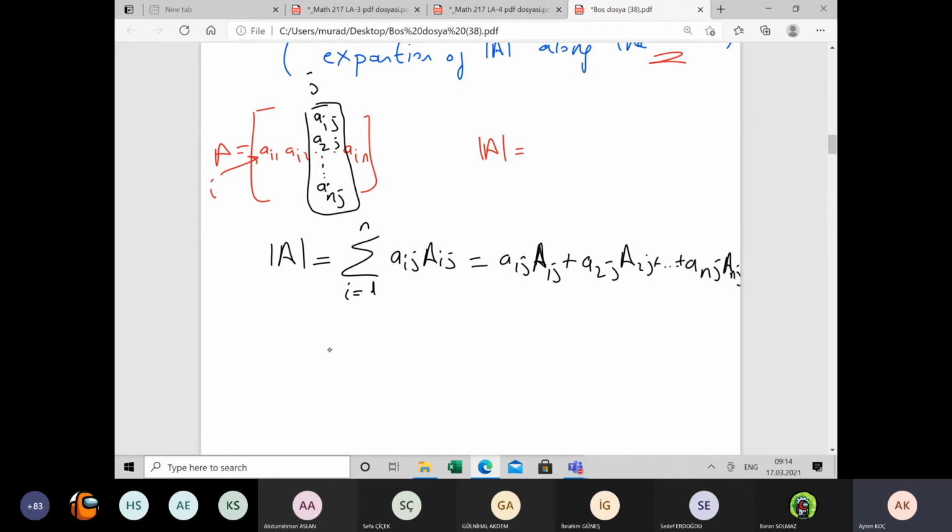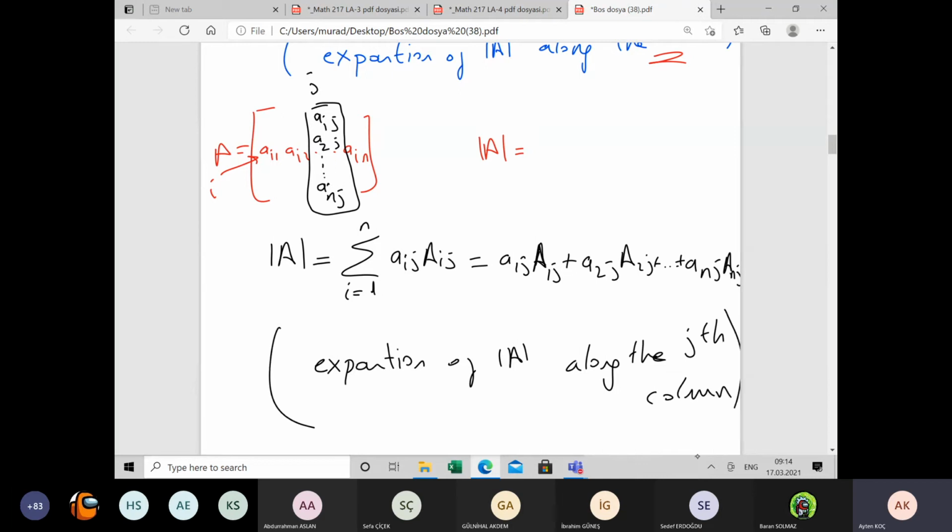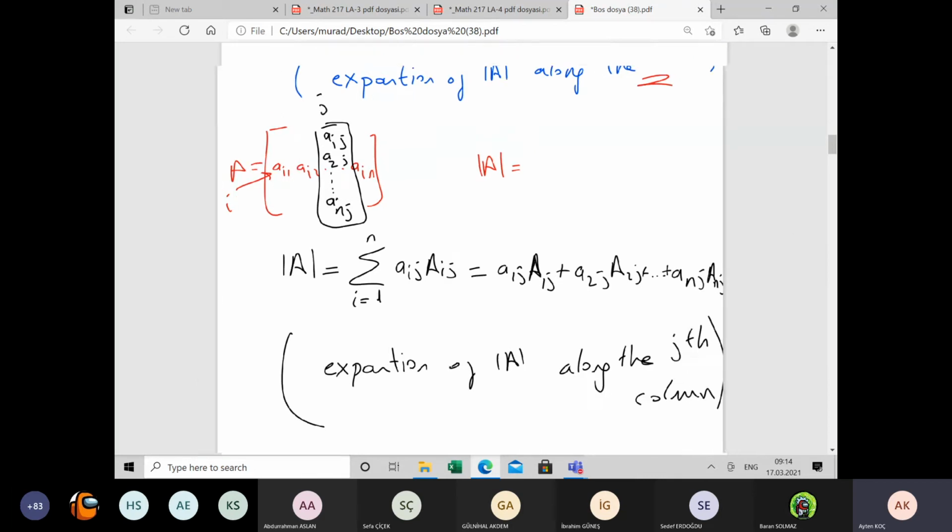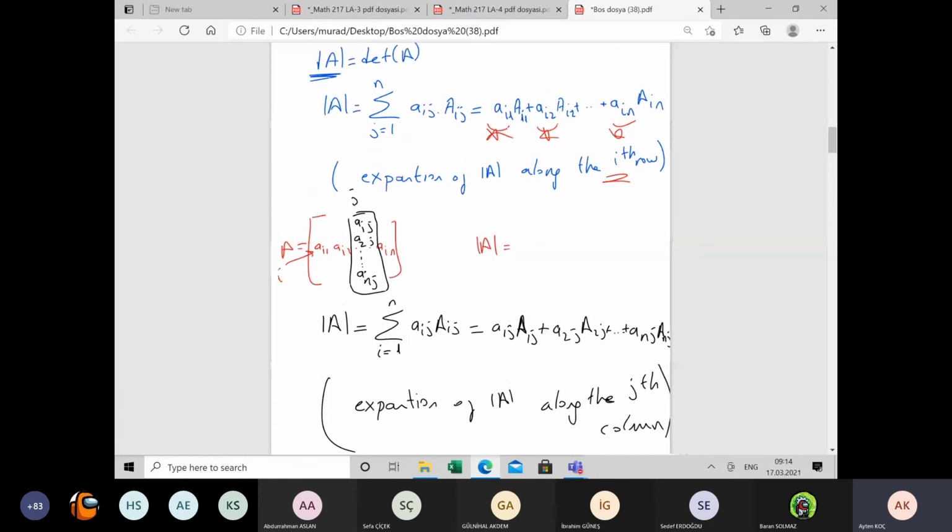So this one is called expansion of determinant of A along the J column. And here we claim that take any row, for example choose the row I or choose the column J, and we obtain the determinant of A, and this one gives the same number. It's okay.